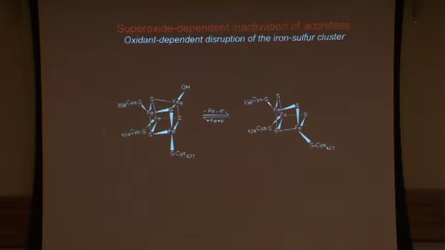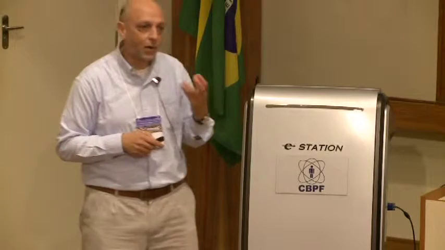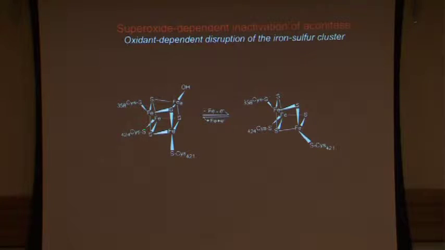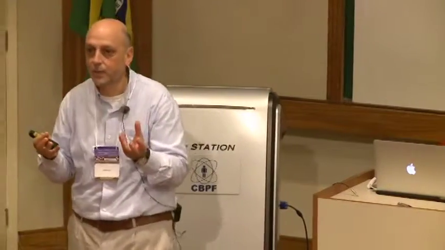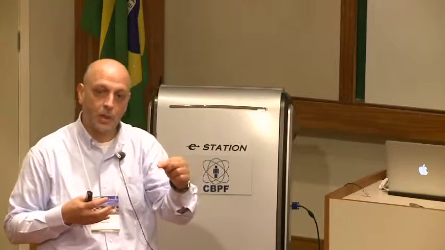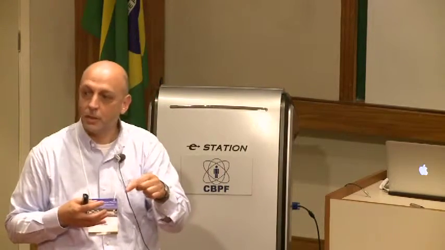So the active site of aconitases contains a rather interesting cubane iron-sulfur cluster, 4 iron, 4 sulfur cluster, that is oxidized by oxidants such as superoxide, leading to the formation of the 3 iron, 4 sulfur cluster. So you disrupt the cluster. You break the cluster upon reaction with superoxide. And once you break that cluster, the enzyme is not active anymore.